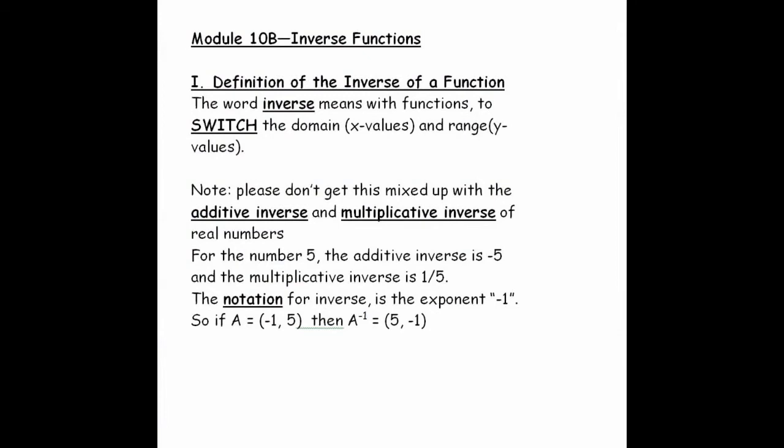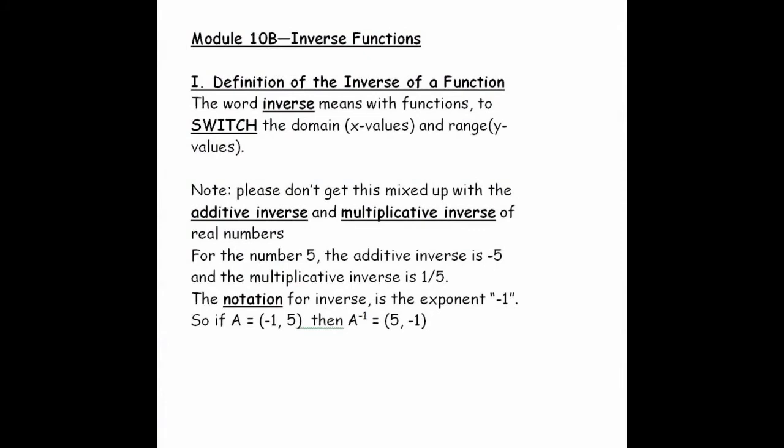The second part, g of f of x, means to take the function labeled f of x, Fred, and substitute him into g, which is Ginger. And when we do both of these substitutions, if they both give us the letter x, we have now proved that those two functions are inverses of each other. So that's why we had to learn how to do a composition.